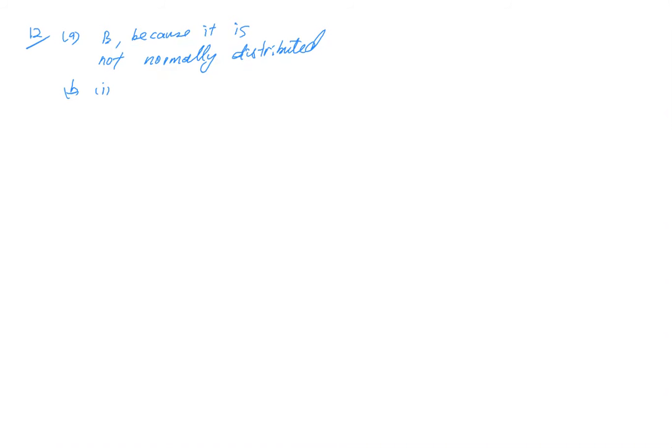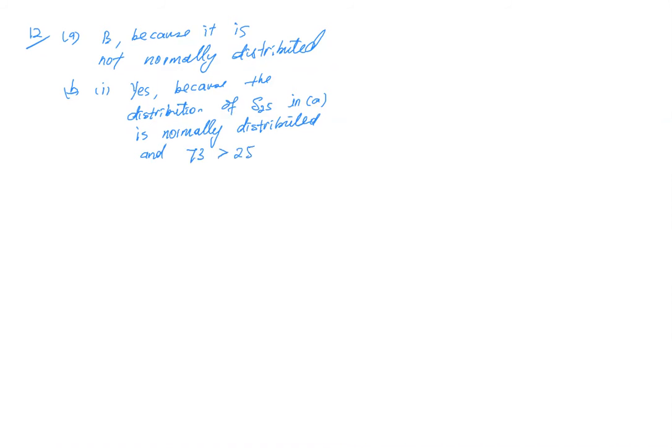You have to say yes, because the distribution of S25 in A is normally distributed, and 73 is greater than 25. Done. This is called the evidence.